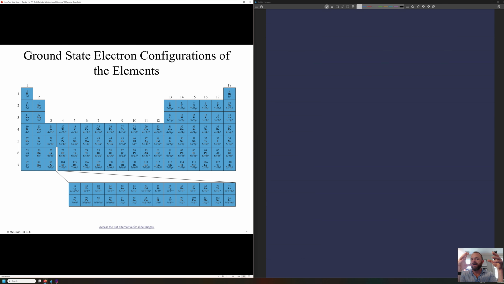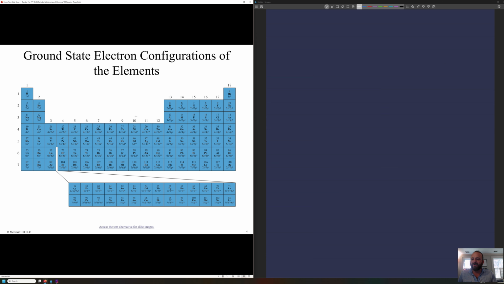And there are different shells and subshells where electrons reside. They reside in these orbitals. And you can see here we have hydrogen 1s1, helium 1s2, and then we go down 2s1, 2s2, and then for boron 2s2 2p1, and so on.